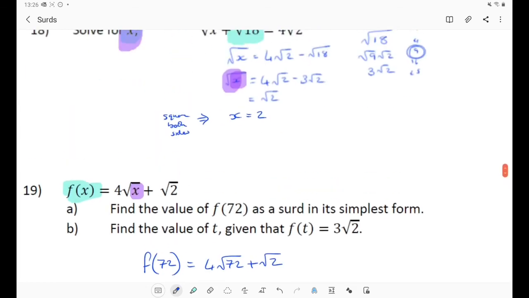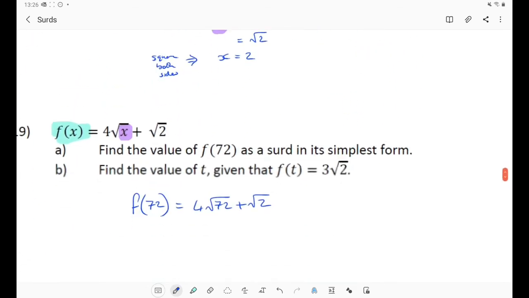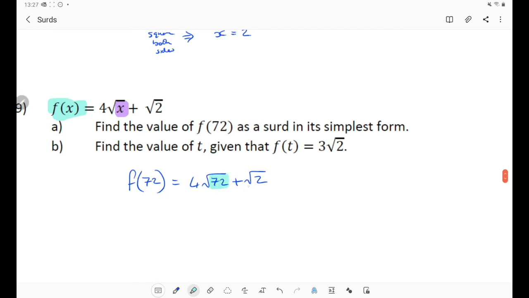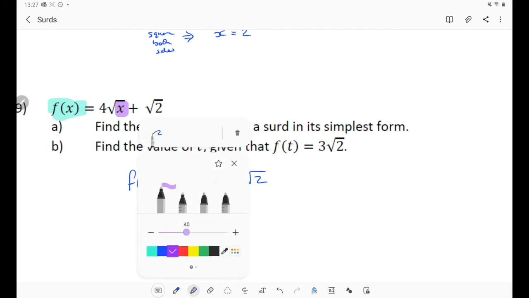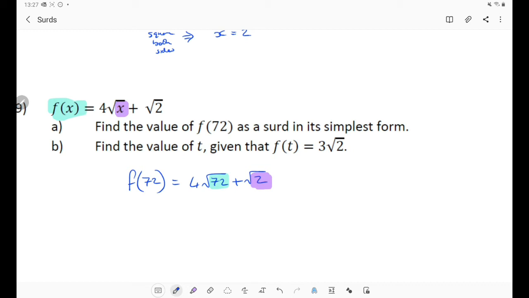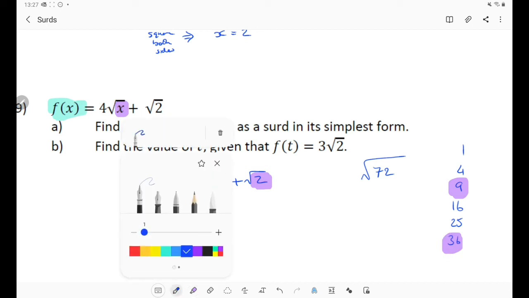However, like above, this doesn't work. We've got 2 different surds. So we have to turn root 72 into a nicer to deal with surd. On the call, we had a discussion about this. Root 72 is almost a trap because your mind immediately jumps to 9, but it often misses 36.